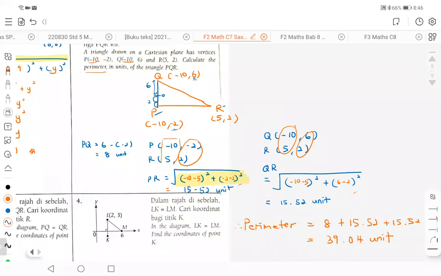Okay, let me know if you can't get it in your calculator. I think for the black color one, you cannot key in the square root first. You got to find the answer without the square root first, then after you got the answer ready, then only you press square root, answer. You got what I mean?